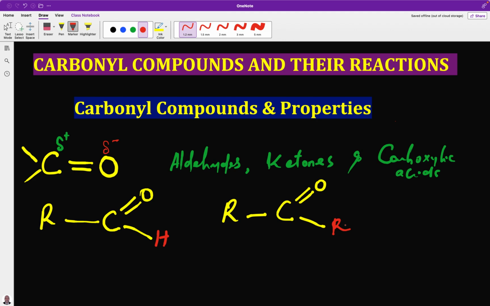So as I said, the carbonyl group, which is the carbon oxygen double bond, is an organic functional group found in compounds such as aldehydes, ketones, and carboxylic acids.